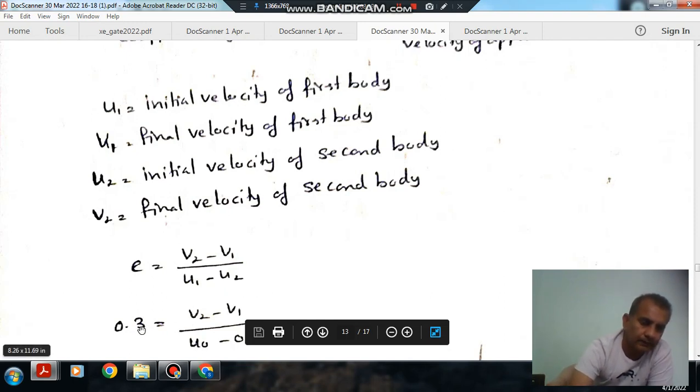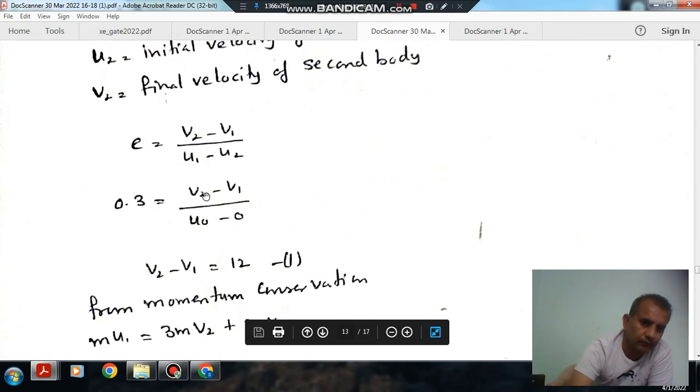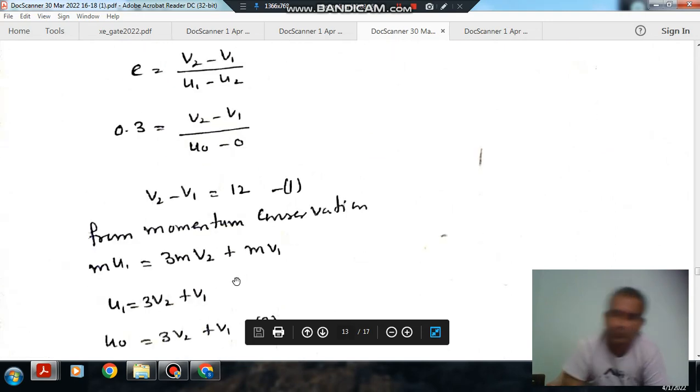With e equal to 0.3, we can find v2 minus v1, which comes out as 12. Now the momentum is conserved in collision.